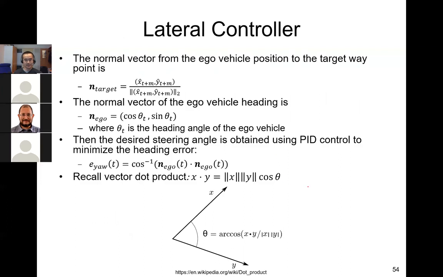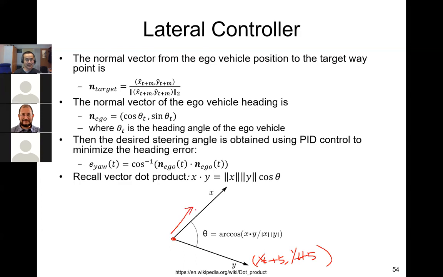So suppose this is your x t plus 5, y t plus 5. That's the waypoint you're aiming for, and that's the current position. And then your heading is pointing this way.